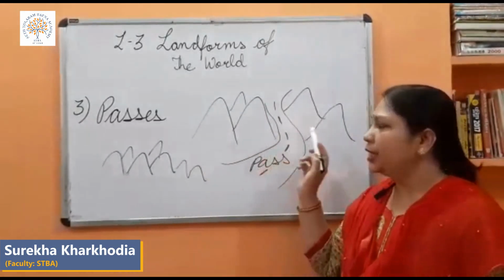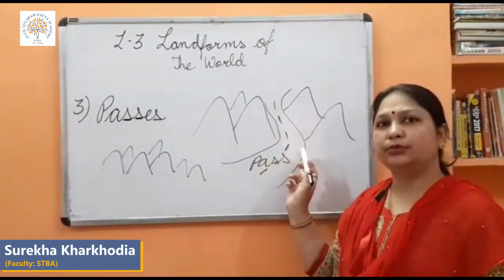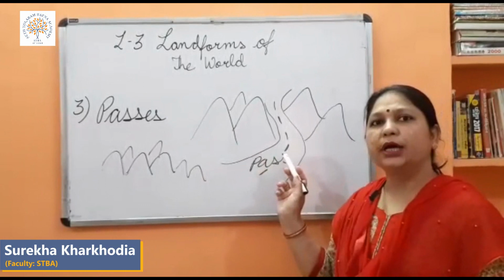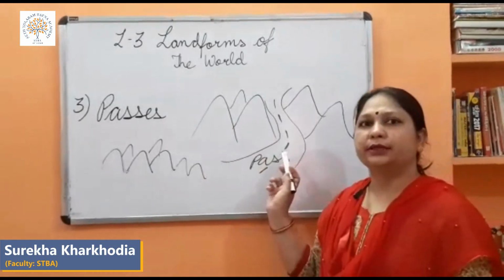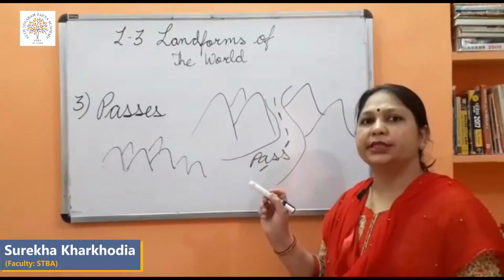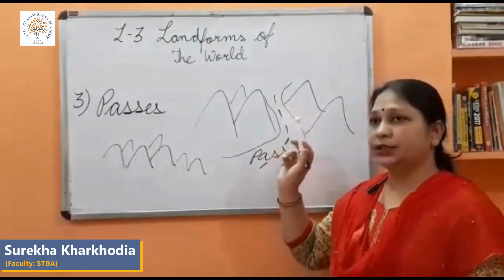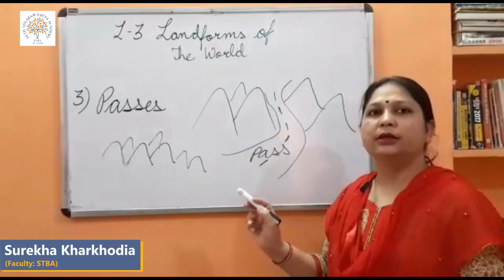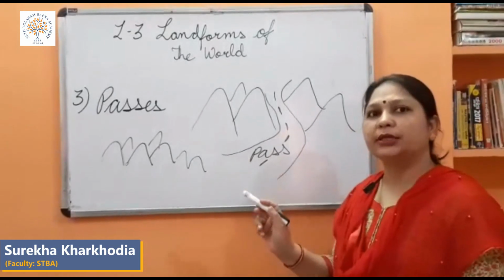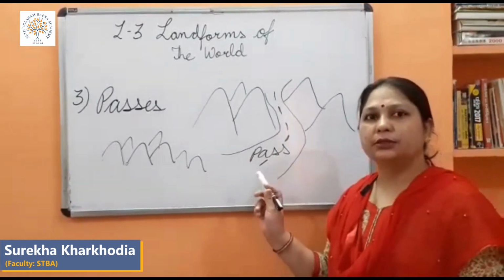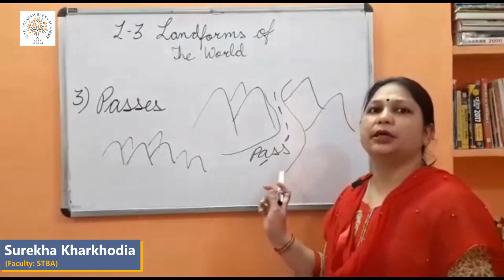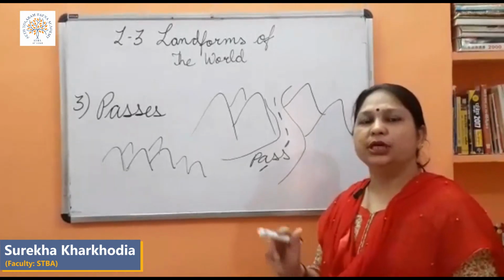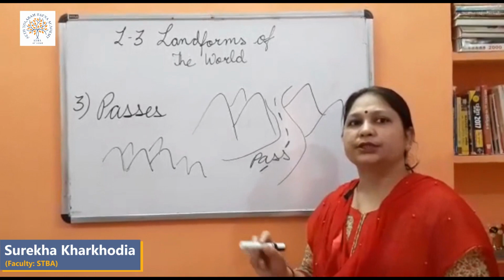And in the Himalayas, there are many passes. Some I would like to tell you: Shipki La is situated on the India-China border. Then there is Nathula Pass, which is in East Sikkim, and Zojila Pass, which is in Ladakh.